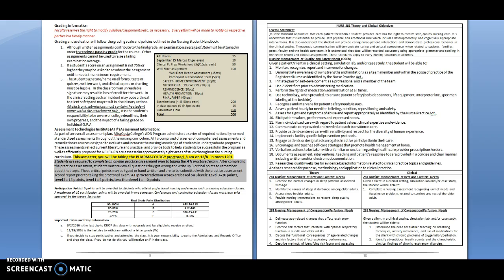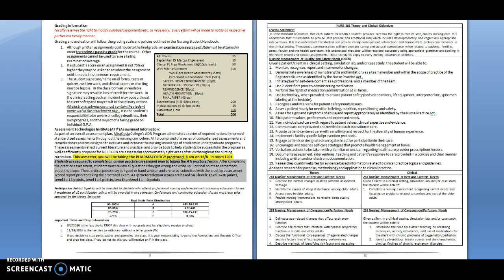You need to accumulate a 75 or better on your examinations, and that is the 4 examinations. That's not including the quizzes. It's the 4 examinations. Well, actually 5, because we have to count the final. Participation points, there's a maximum of 10 that are allowed, and those are if you go to a nursing conference or attending a continuing education class.